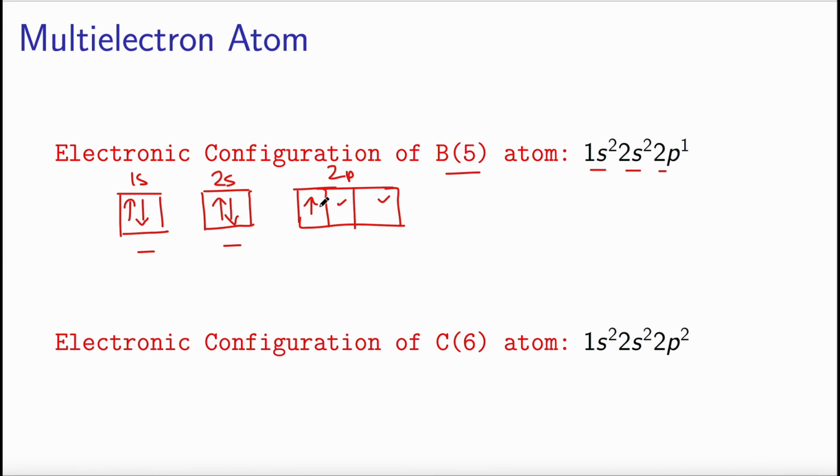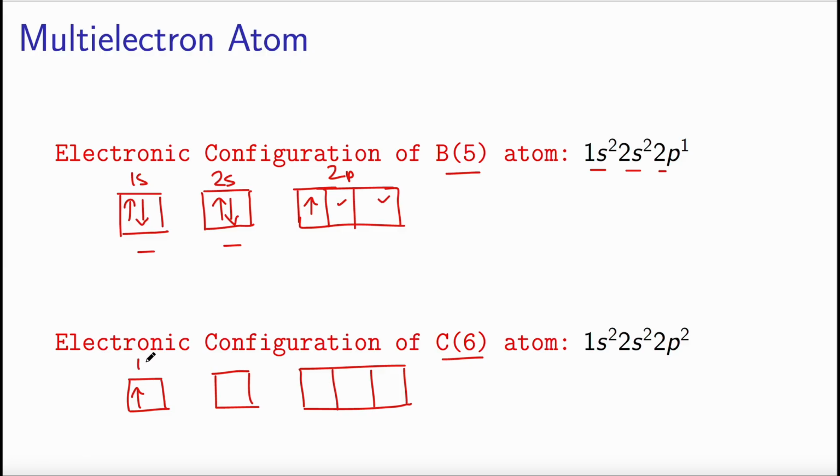Now we'll go to the next one, carbon 6. Carbon has 6 electrons, and how are they placed? 1s2, 2s2, 2p2. So we have to draw these boxes again.